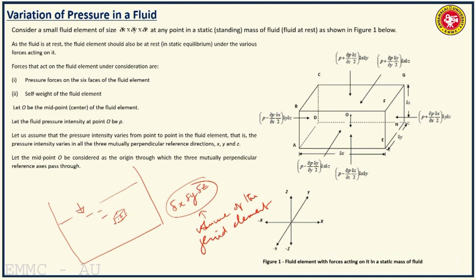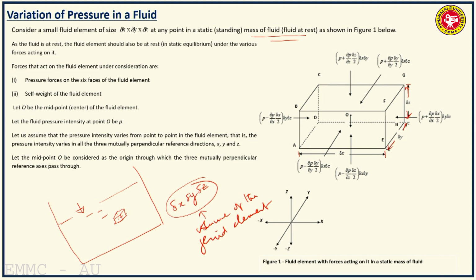In a static mass, there is a standing mass of liquid that is at rest, as shown in the figure. So, I have blown up the element. So, delta x along the x direction, the dimension, delta y along the y direction, and delta z along the z direction.